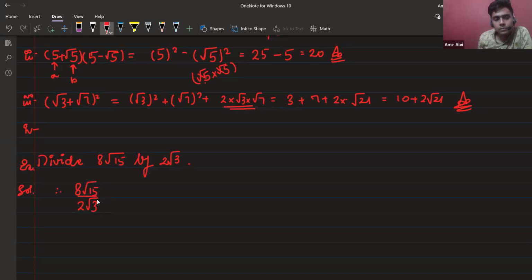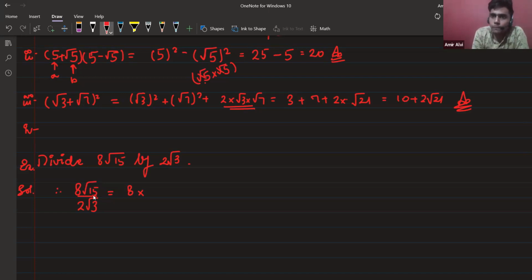Yes or no? Now tell me, this term and this term, they are in multiplication to each other, and both terms together are in division. So how can we write root 15? Can you tell me how to break root 15? 5 into 3, basically root 5 into root 3.